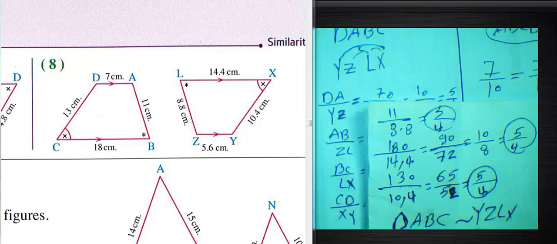We have similarity between DABC and YZLX because each corresponding angle is equal in measure and each corresponding side is proportional.